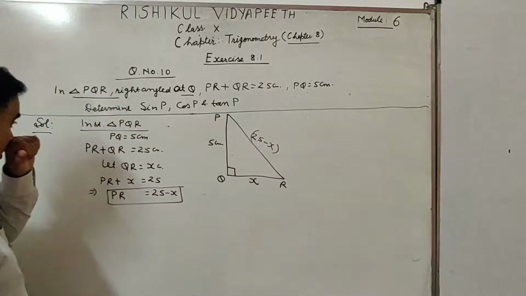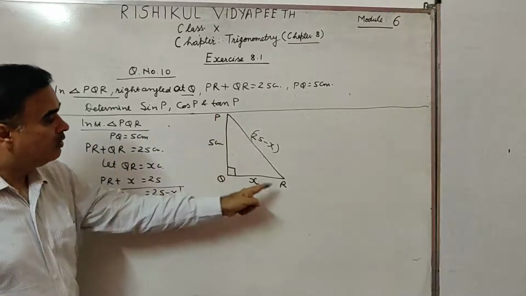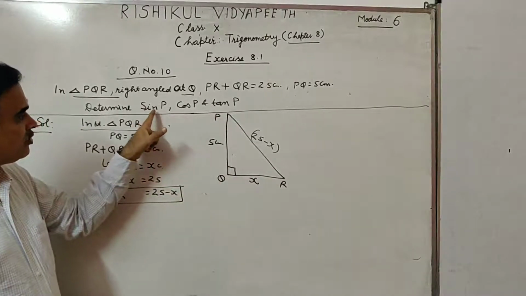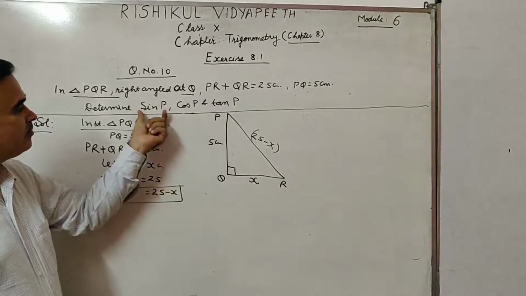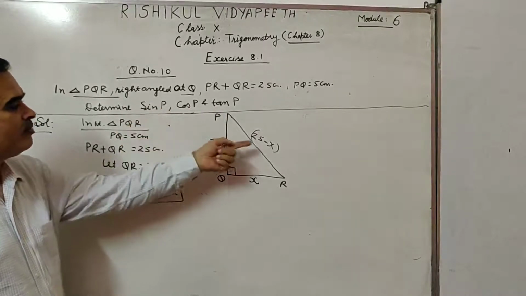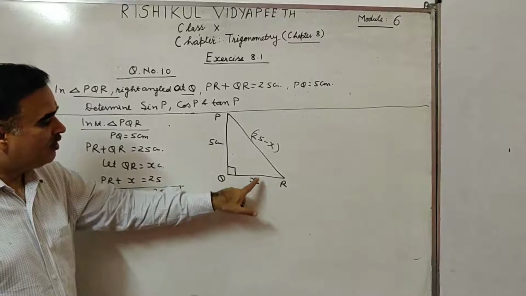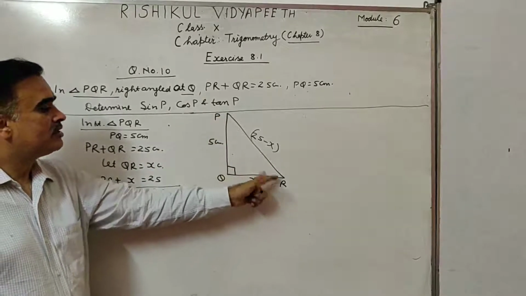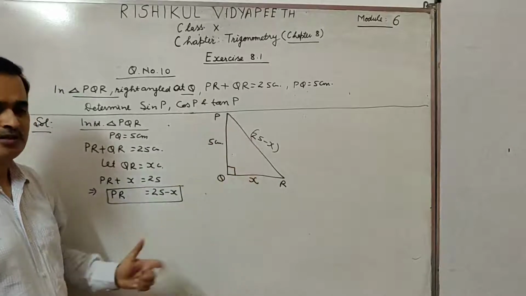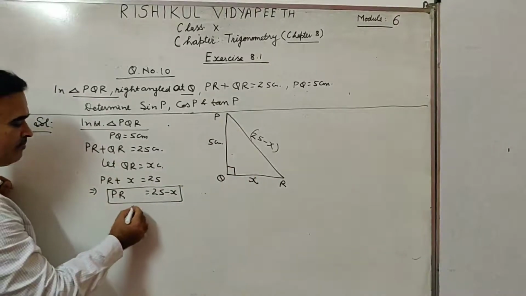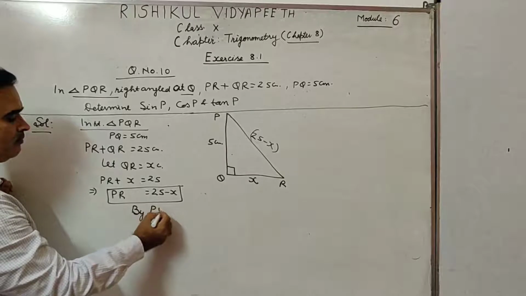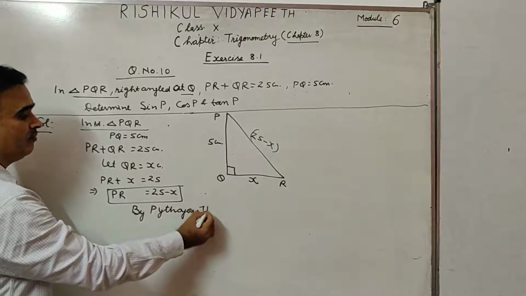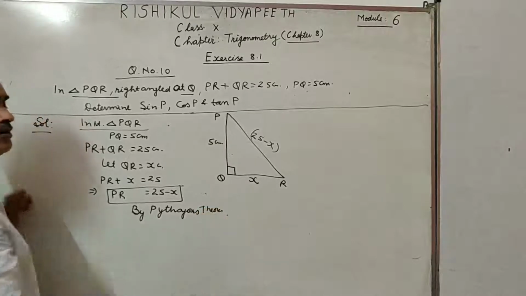Now the question is, we have to find out first of all the T ratios, sin P, cos P, tan P. The sin, you know, is perpendicular upon hypotenuse, but we don't know the value of X, and we know the relation between these three sides in a right triangle. We can use Pythagoras theorem. So by Pythagoras theorem, what do you get?